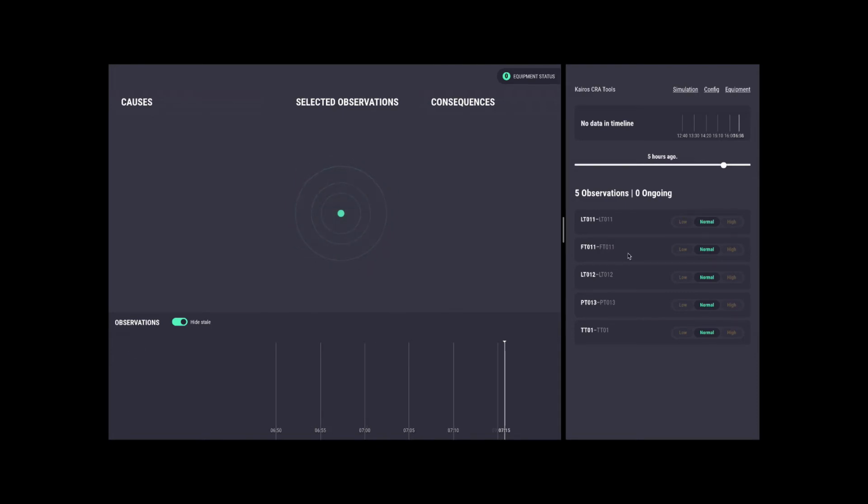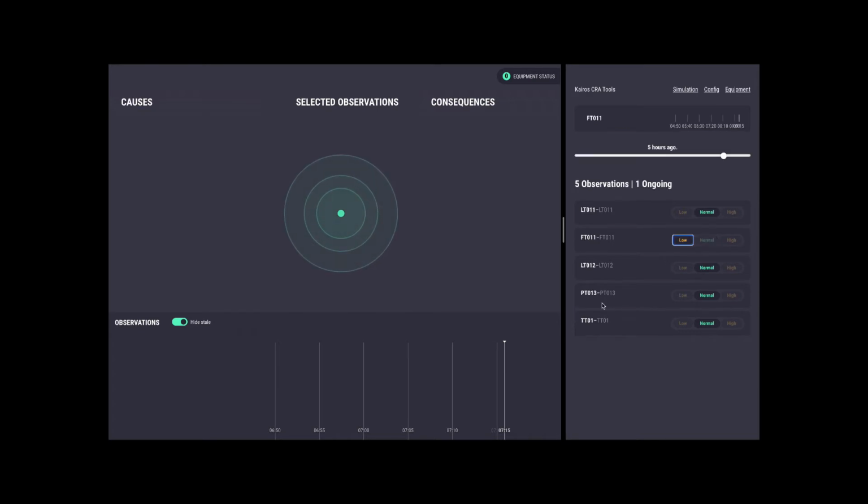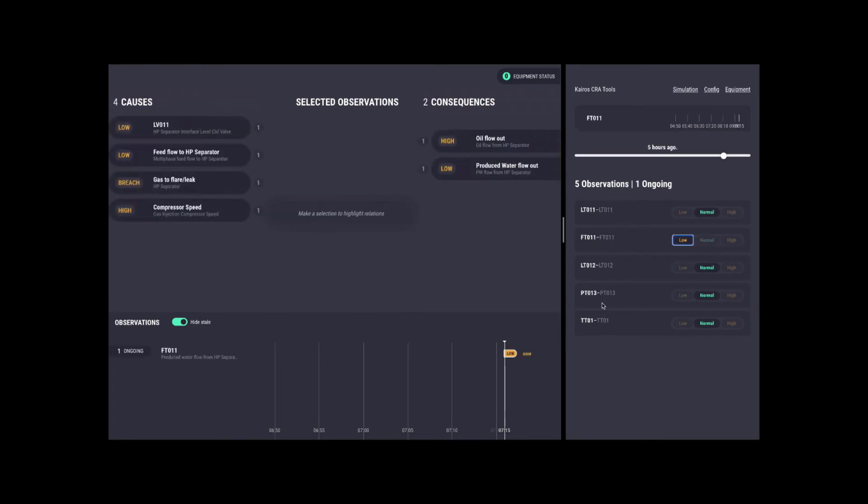So the first observation we encounter is a low flow, and immediately we see that we now have 4 potential causes on our left side and 2 potential consequences.